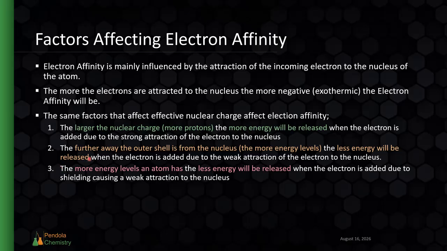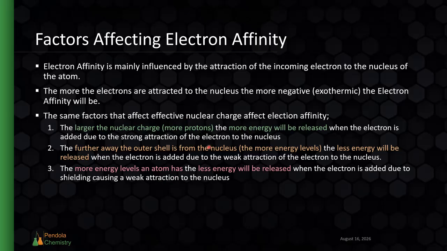Why? The larger the atom, the farther away the nucleus is from the incoming electron, and so it has a very weak attraction for the nucleus. And finally, hand in hand with what we just talked about with size, the more energy levels an atom has, meaning the more shielding an atom has, the less energy will be released when the electron is added because, again, the shielding causes a weaker attraction to the nucleus.